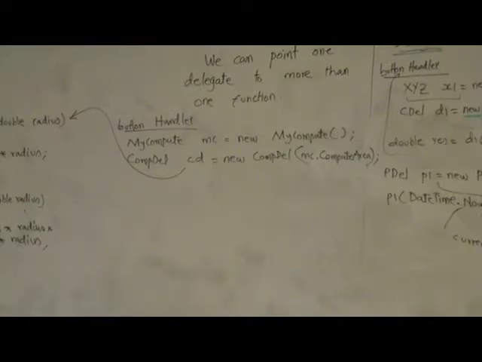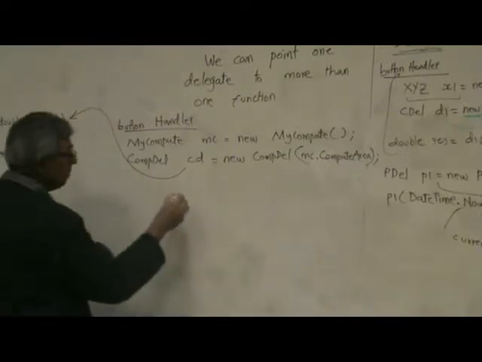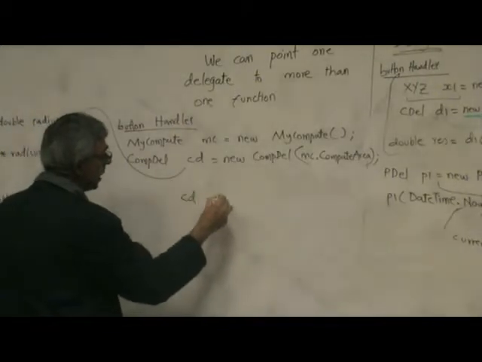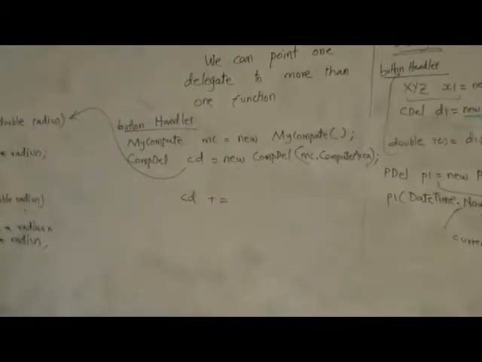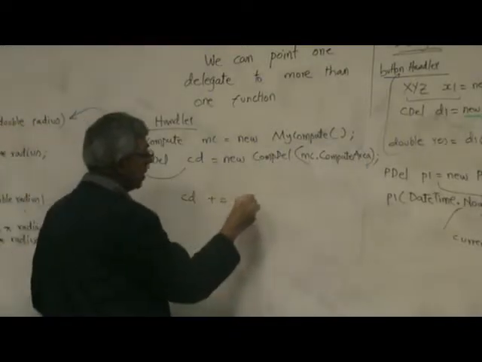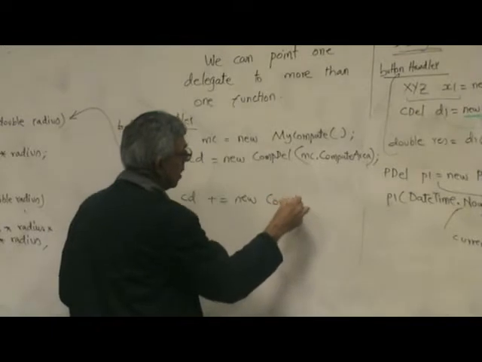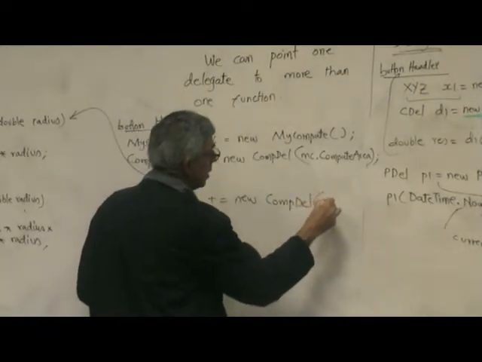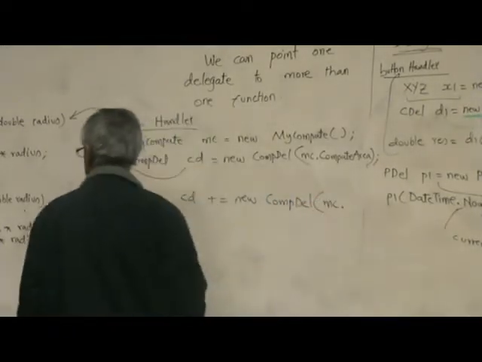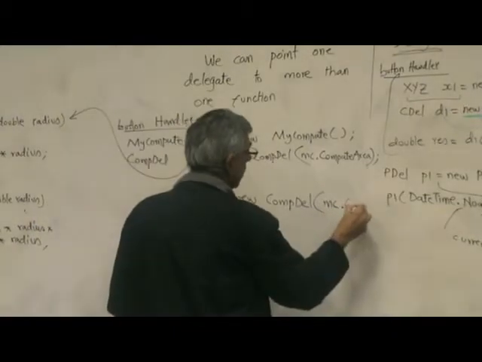Okay, so the designers of C# have overloaded the plus equal to operator. So using the plus equal to operator, you can point to as many functions as you feel like. Okay, so if I do cd plus equal to new CompDel mc dot ComputeVol.